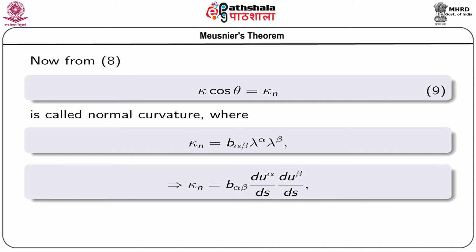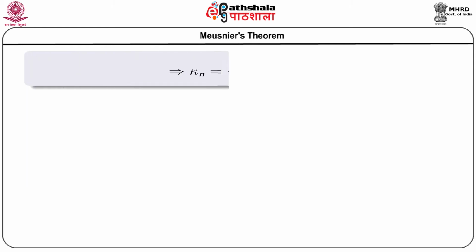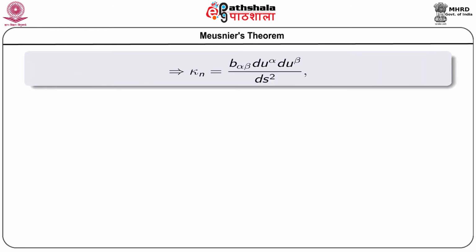Now, we know that lambda^alpha is du^alpha by ds and lambda^beta is du^beta by ds, because these are the unit tangent vectors. So, they can be represented in this way. So, kappa_n becomes b_alpha beta du^alpha du^beta by ds square.